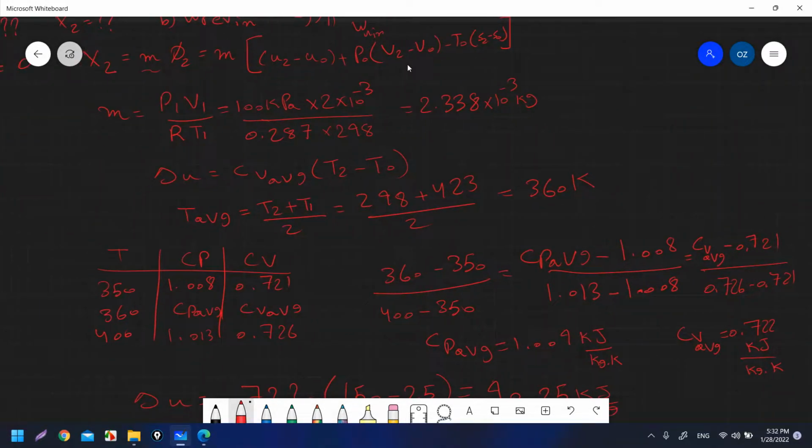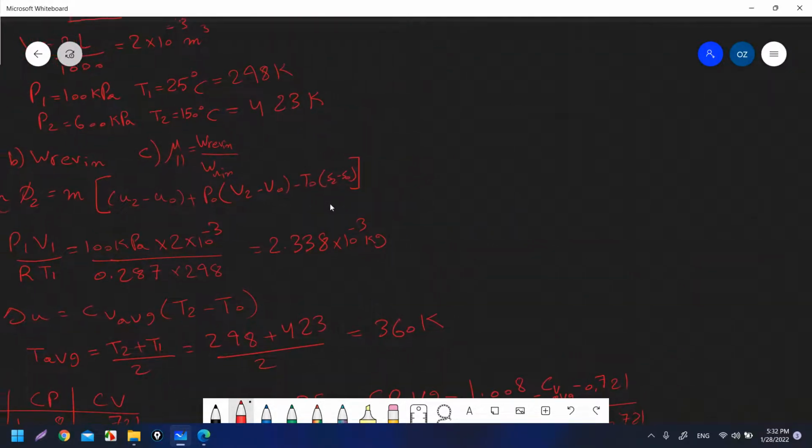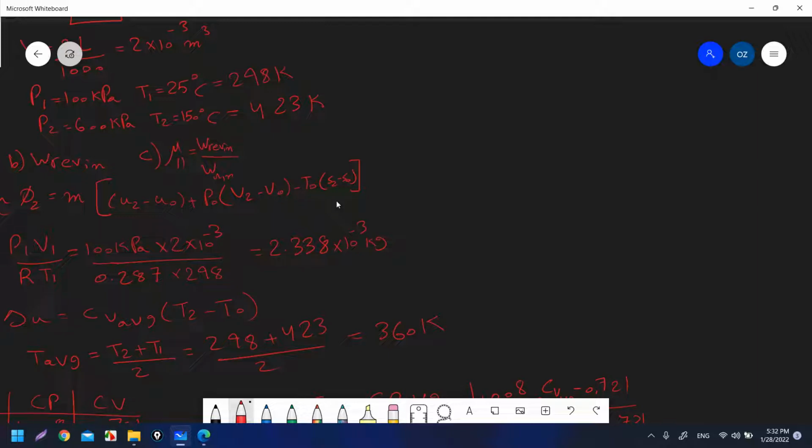I need to find V2 and V naught. V2 is equal to volume 2 over the mass, and V naught will equal, but also V naught will equal, you have it is an air, okay?